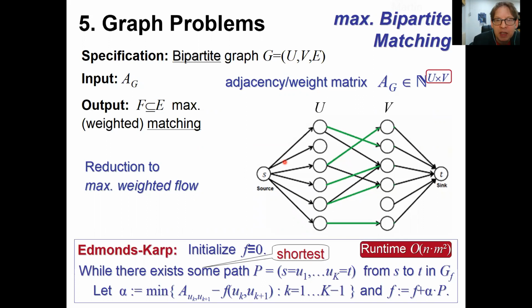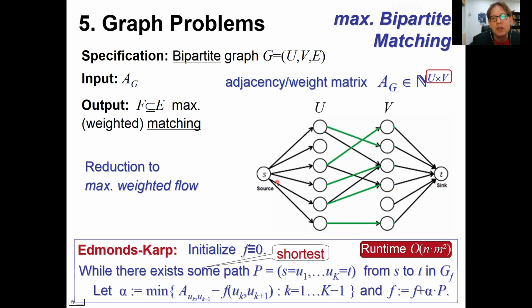So let me explain the construction. We add an edge from the source vertex to all vertices in the husband set in the first category. And we add an edge from every vertex in the wife category to the sink. Right? So here's everywhere there's an edge.